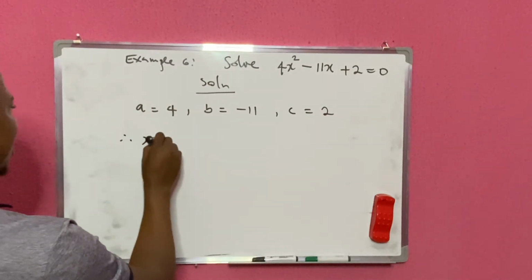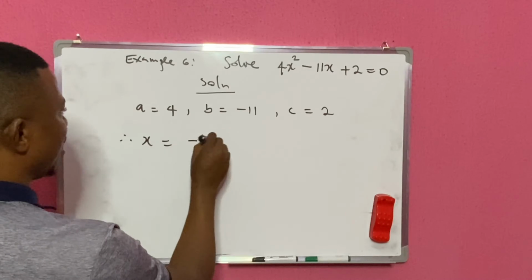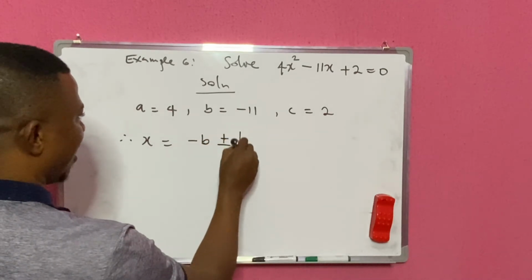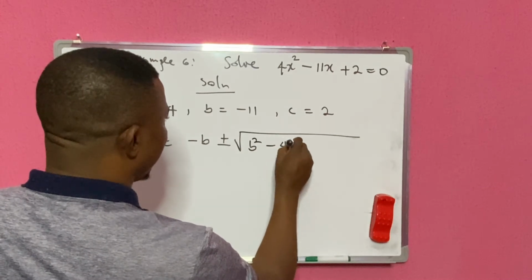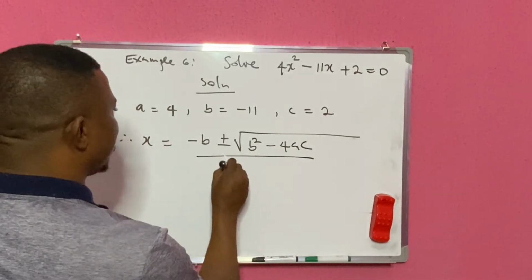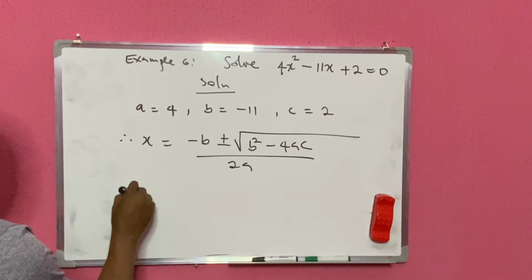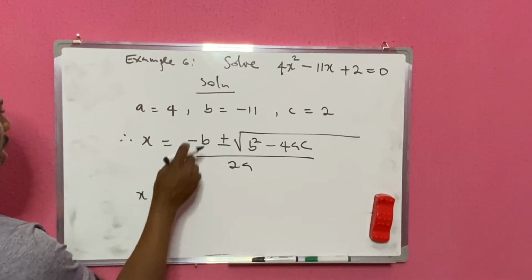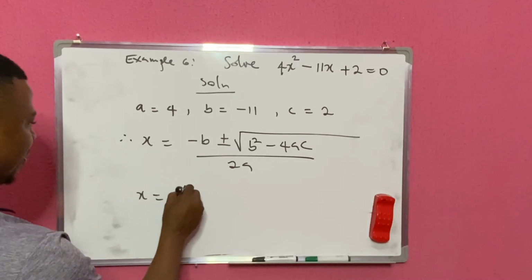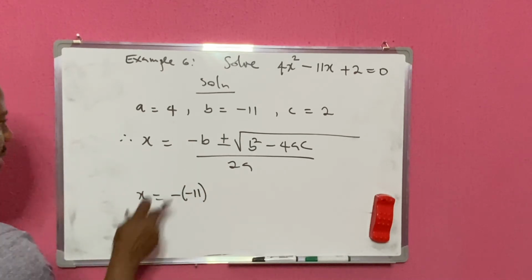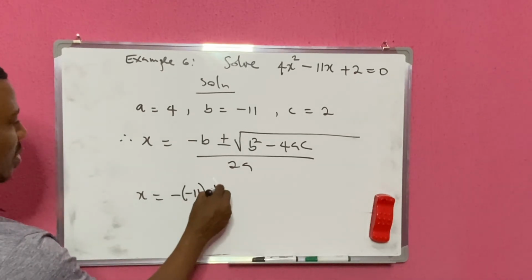Therefore, x is equal to minus b. You lift your formula that I have derived for you, plus or minus the square root of b squared minus 4ac all over 2a. x becomes minus b. What is b? Minus 11. As you can see, plus or minus.